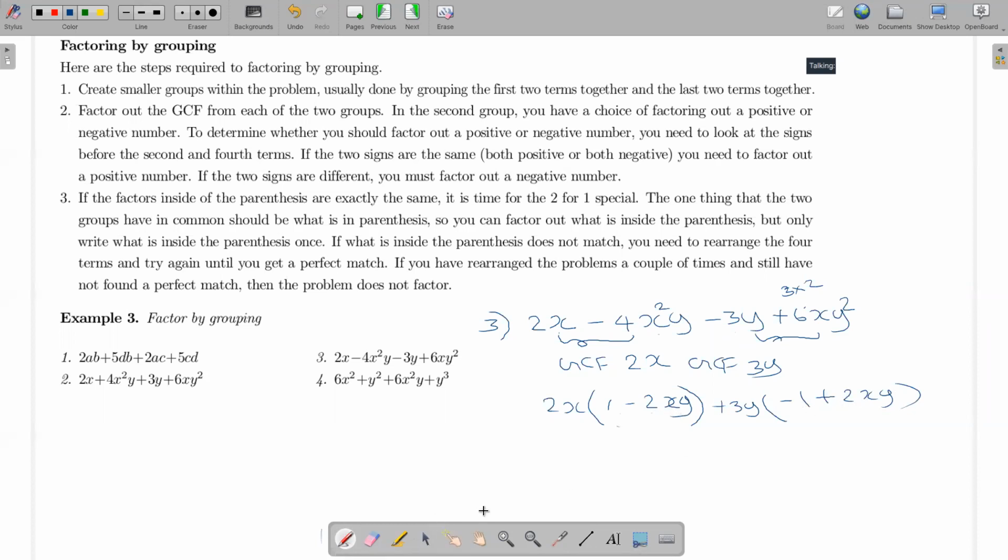So because of that, instead of 3, I pull the negative sign out. Instead of pulling 3 out here, I pull the opposite, negative 3 out. So if I pull negative 3y out, I pulled everything out including the negative. So this will become a plus 1.